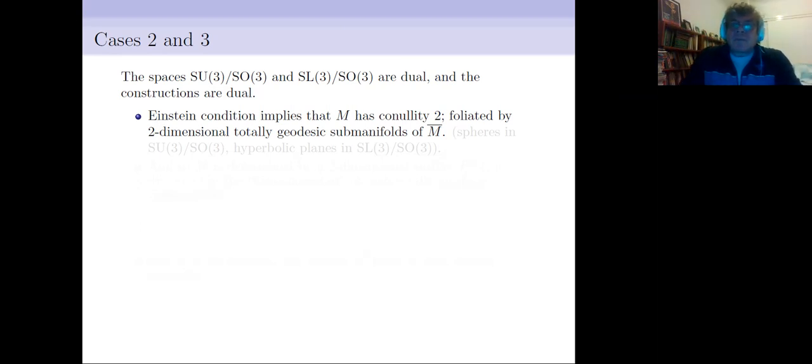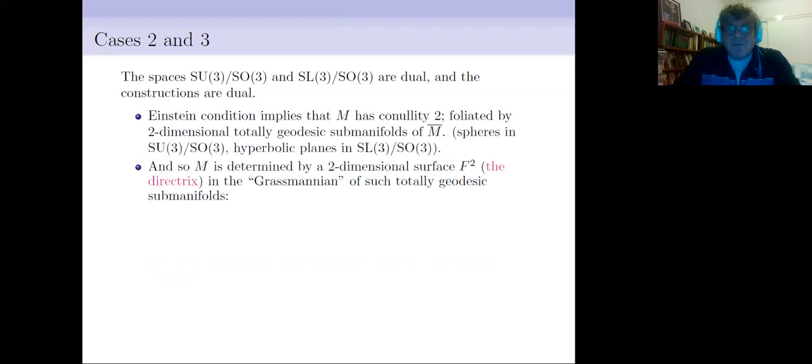And then you can prove that it is foliated by 2-dimensional totally geodesic submanifolds of the ambient space. Of course, there are also totally geodesic 2-dimensional submanifolds of your hypersurface itself, but what is more interesting and restrictive, also of the big space, right?